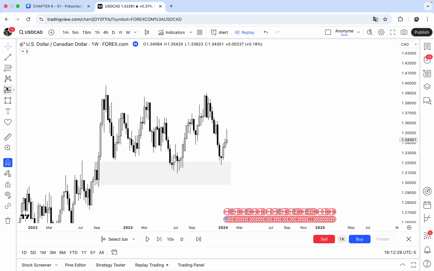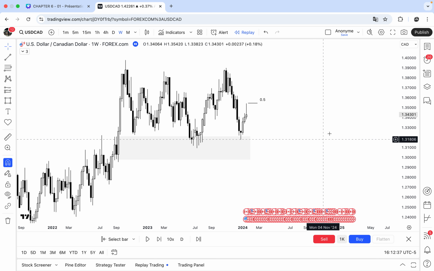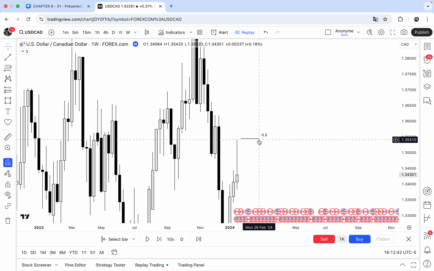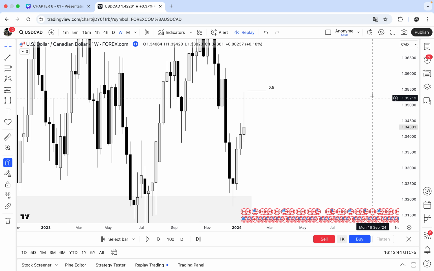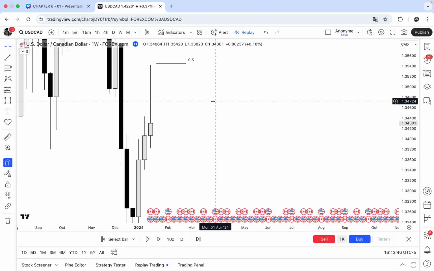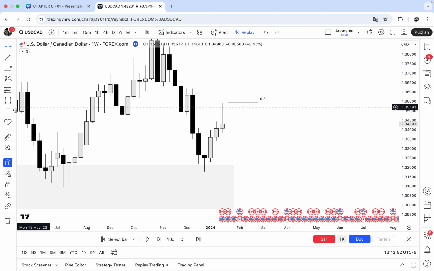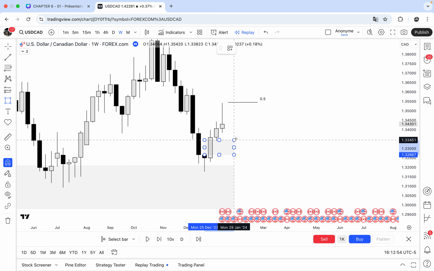So the 50% of this range did not reach yet. Did it reach? Not yet. Very close. So this can be a long-term drawn liquidity, and we still have this fair value gap as a short-term drawn liquidity. So let's see what price will do.